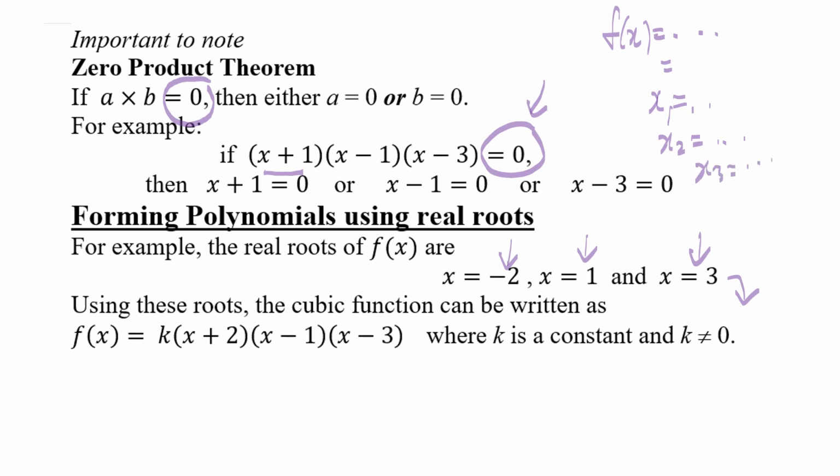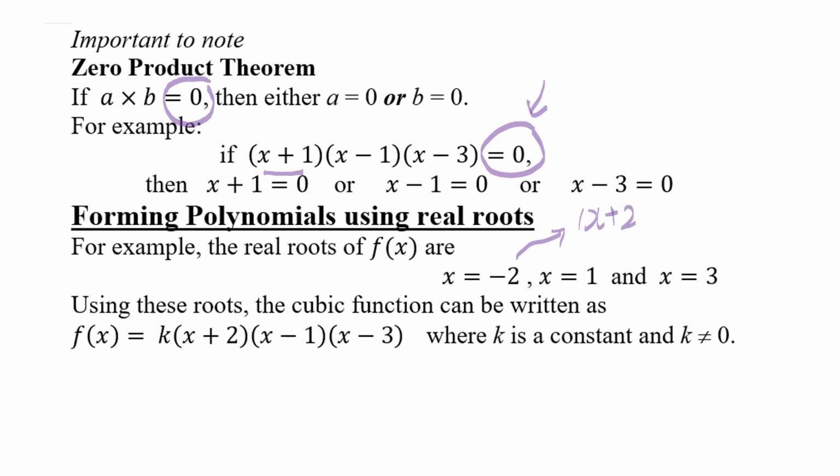Okay, recall how do we actually form our linear factor? If you're given x equals negative 2, how do you form your linear factor? From x equals -2, the linear factor will be x plus 2.